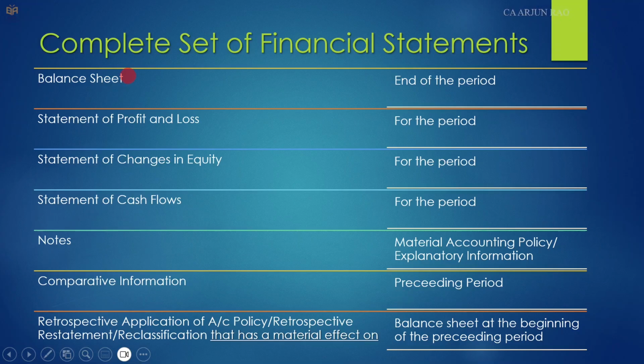In addition, mandatorily we are required to prepare a third balance sheet at the beginning of the preceding period, if there is retrospective application of accounting policy, retrospective restatement or reclassification that has a material effect on that balance sheet, then only that balance sheet is required. Apart from that, we need to give notes and comparative information, that is preceding period information.